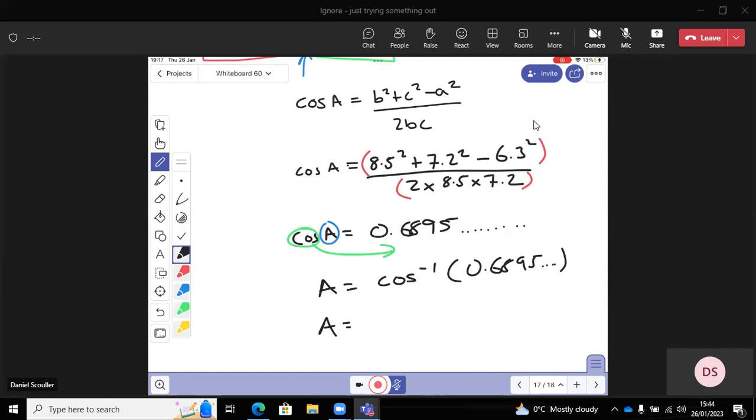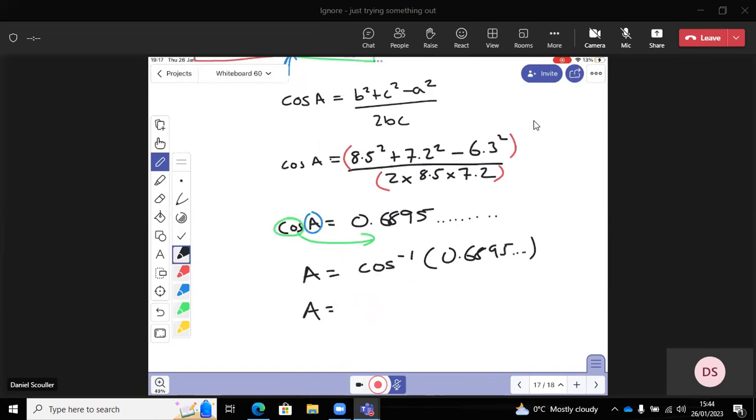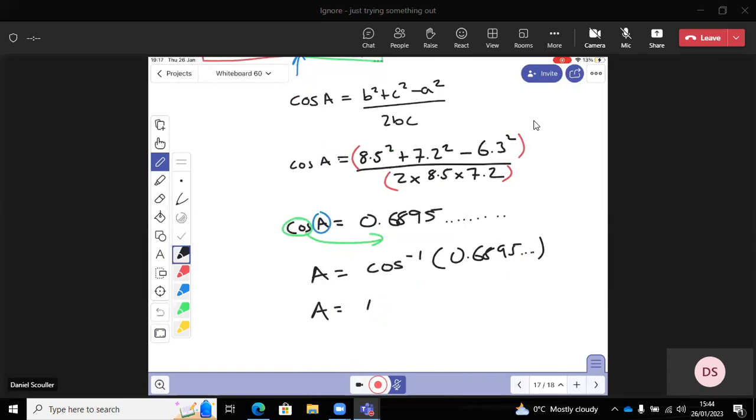Remember, you need a bracket there, so if there's no bracket already, put that there. Now, I'm getting 46.4. If you're not getting that, give me a wee shout.